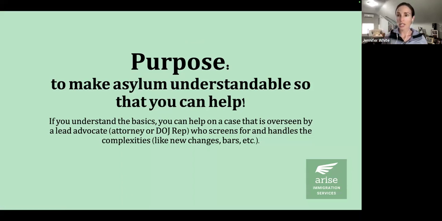One disclaimer, we're seeing a lot of unauthorized practice of law right now for all the obvious reasons. There's a ton of exploitation of immigrants. It's horrifying. It's also horrifying that legal remedies are sometimes impossible in those kind of scenarios. So at Arise, we of course are trying to train and equip non-lawyers, DOJ reps, and lawyers, but we of course want to do this in a way that is ethical.